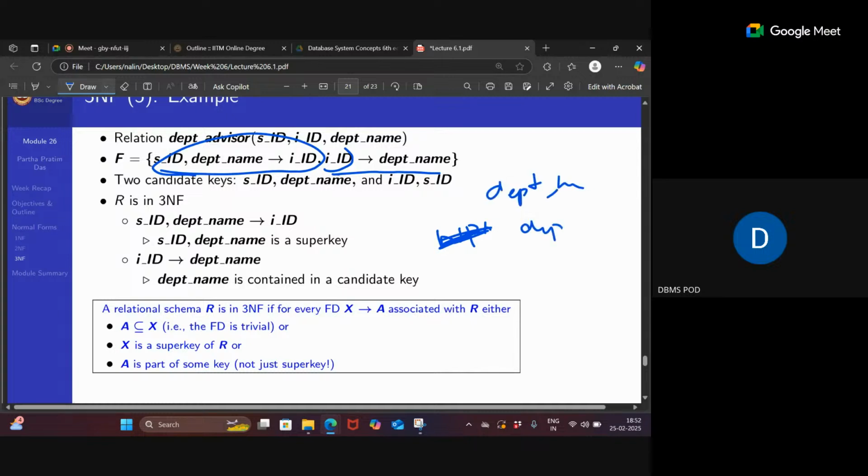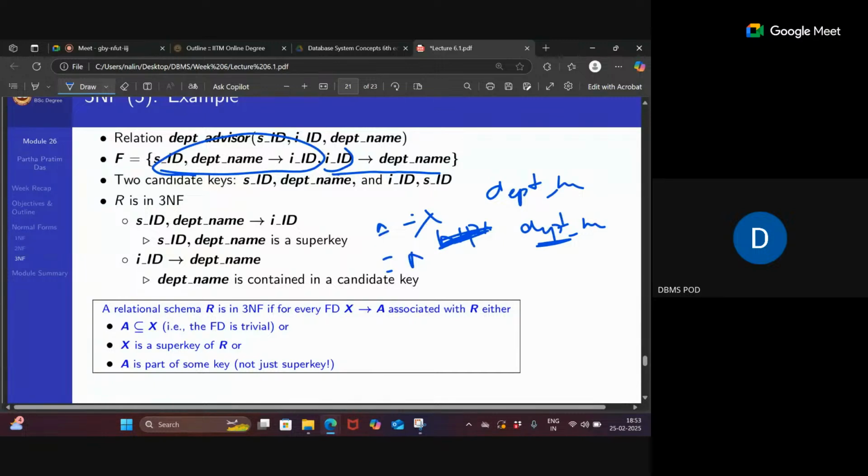We will get department name, and department name is part of our candidate key, right? A minus X, the result is part of the candidate key. So this is in 3NF.